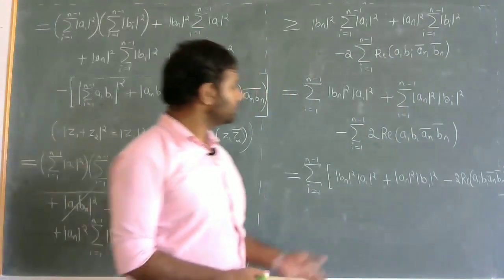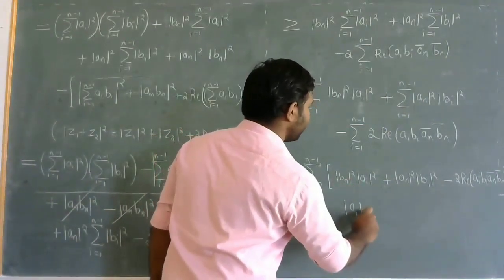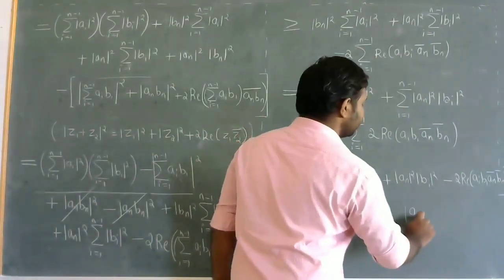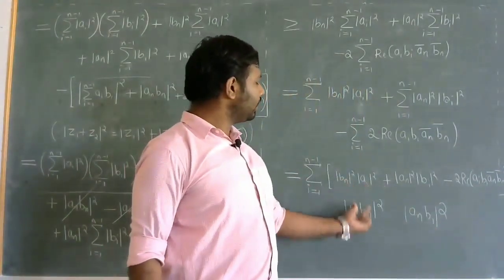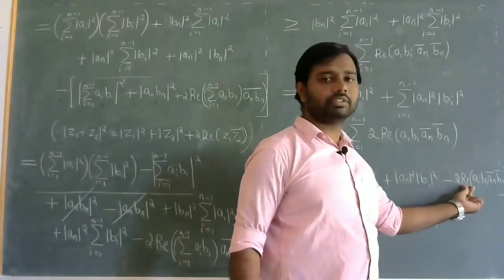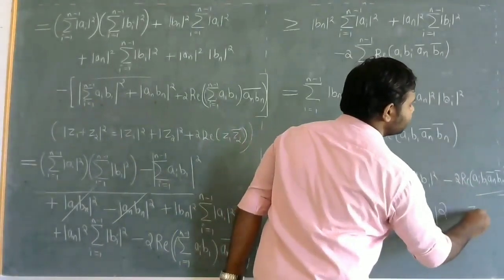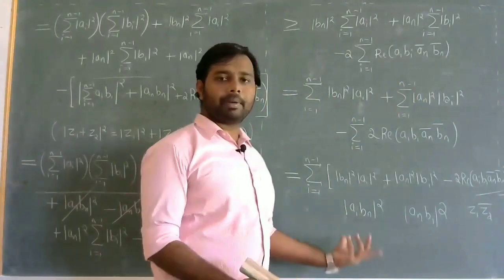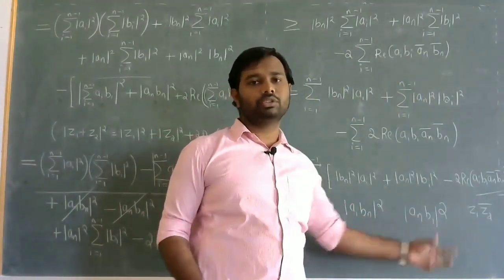Now it is of the form, so you can combine these terms. Actually I can write it as modulus of ai bn whole square. Here also I can write this as modulus of an bi whole square. So it is of the form modulus of z1 square plus modulus of z2 square minus 2 into real part of this number. If you rearrange this in terms of z1 into z2 bar, then I can apply the formula modulus of z1 minus z2 whole square.